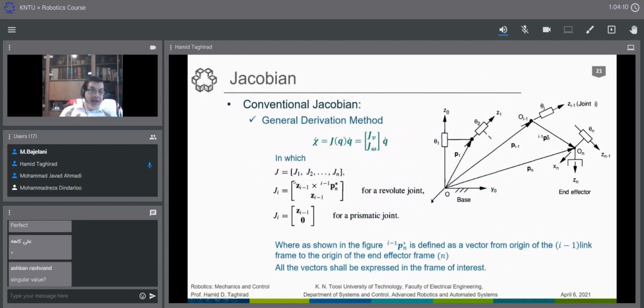Of course, if we have only 2 by 2 or 3 by 3 or 4 by 4, it would be a sub-matrix of that. Some part of this matrix will be equal to 0. We consider it for a general derivation, for a general case. So it would be a 6 by 6 usually, since we have the x dot as a 6 by 1 vector.